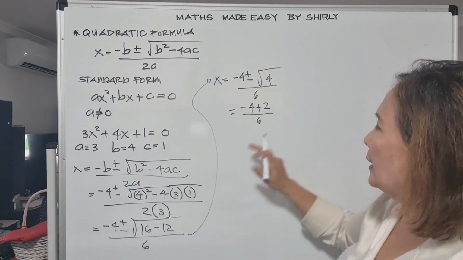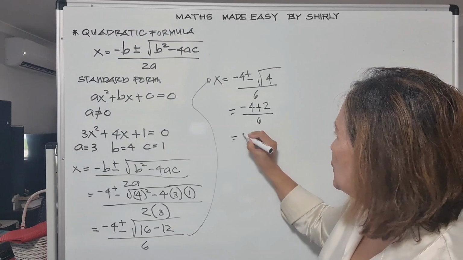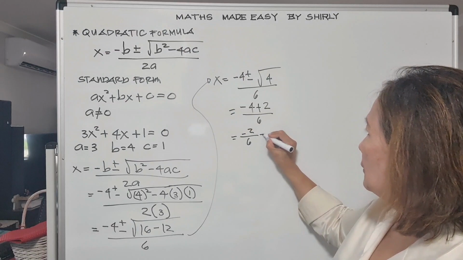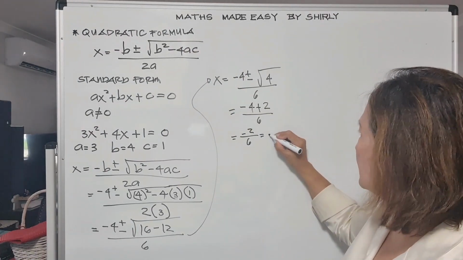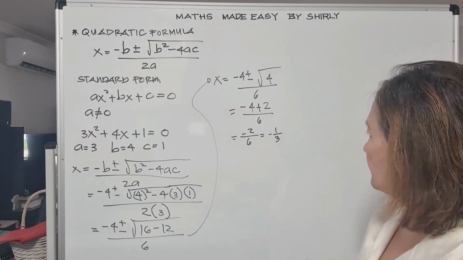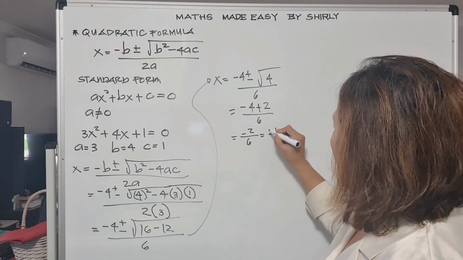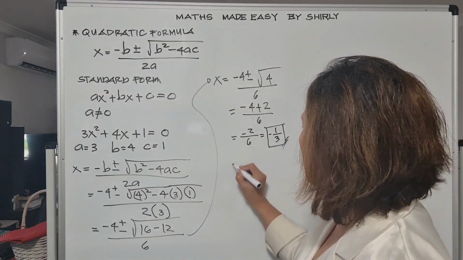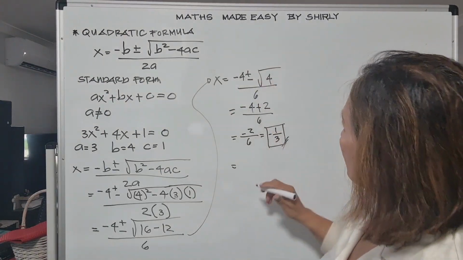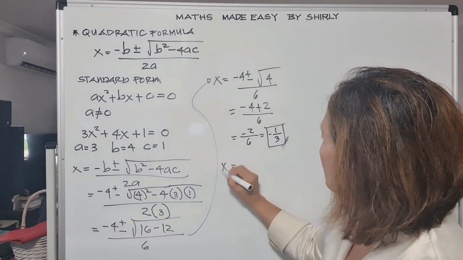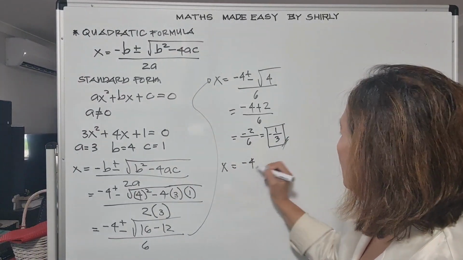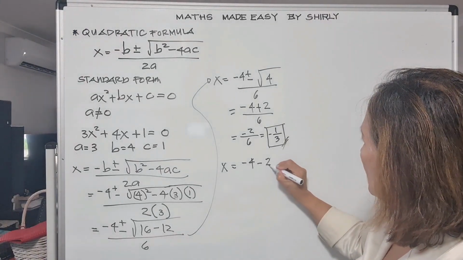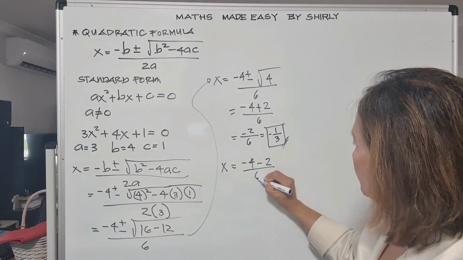So negative 4 plus 2 is negative 2 all over 6, which can be simplified as negative 1/3. So this is one of the values of x in our equation. Let's have the second one. The second one, we have again x equals negative 4 minus the square root of 4, that is 2, over 6.